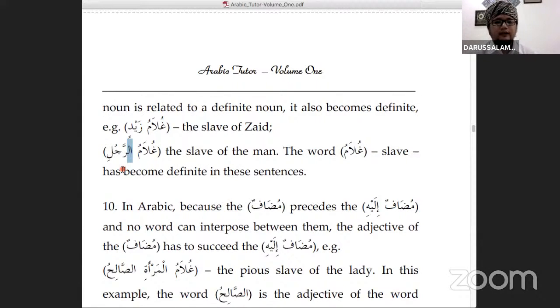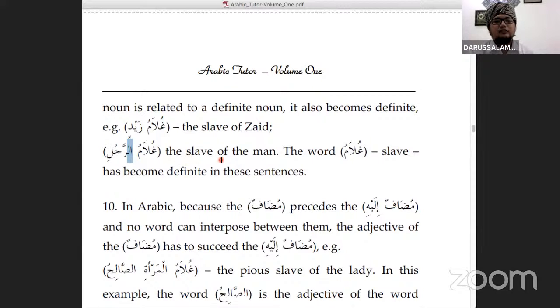Okay. So ghulamur rajuli. Ar-rajul is ma'rifah, so ghulam will be translated as ma'rifah as well. You don't say a slave of the man. You must say the slave of the man.